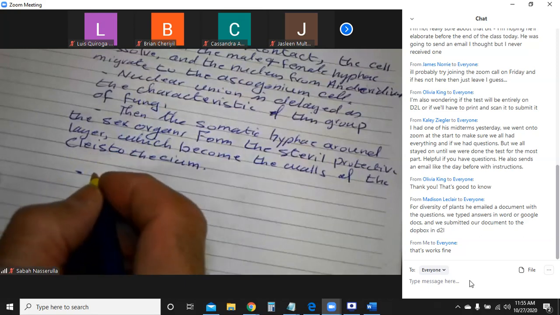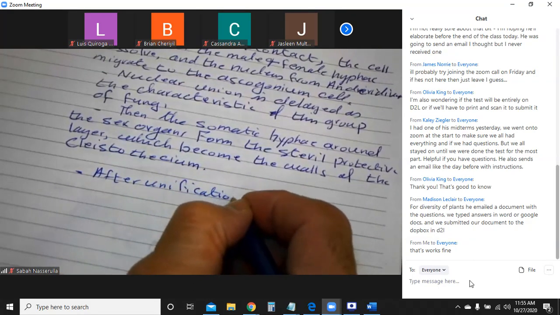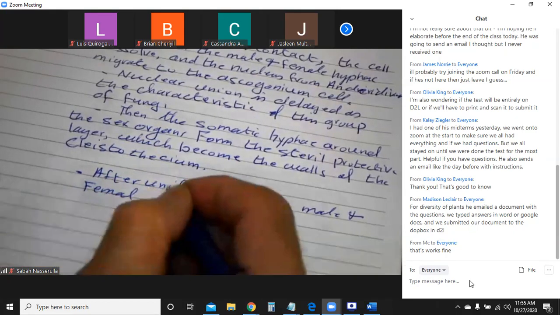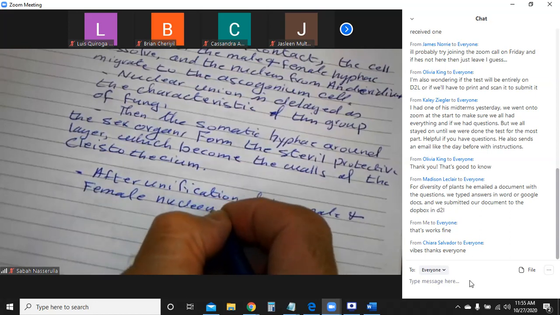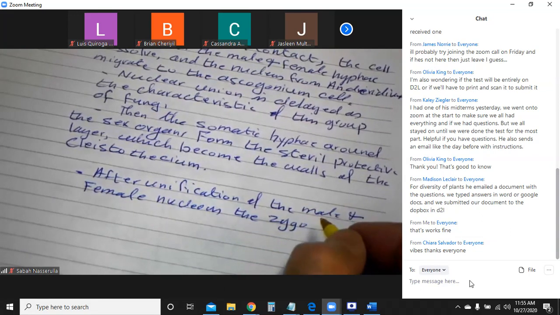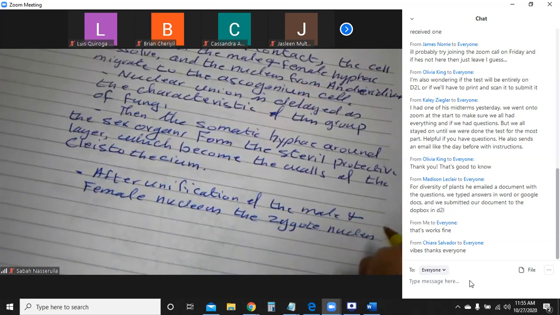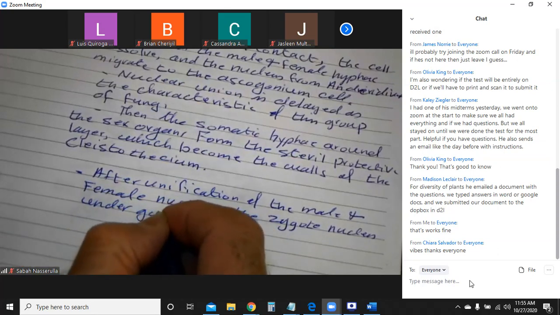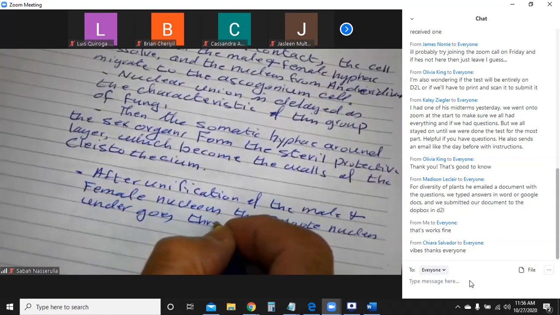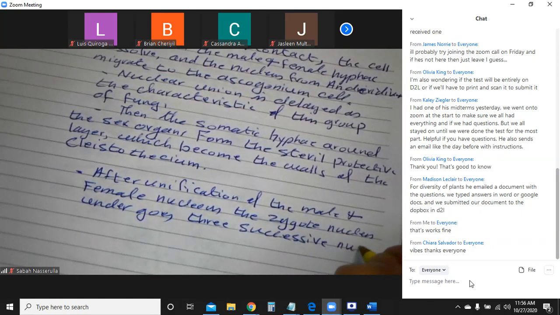Then, as I mentioned to you here, after unification of the male and female nucleus, the zygote nucleus undergoes three successive nuclear divisions. Put it down here.